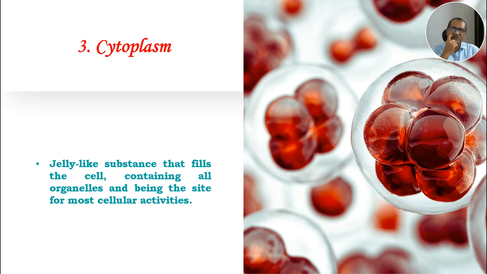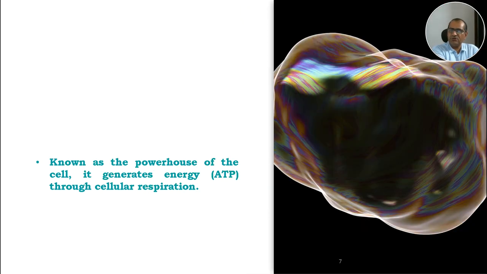Then the cytoplasm of a cell is a jelly-like substance that fills the cell containing all organelles and being the site for most cellular activities. So cytoplasm is just like the intracellular content of a cell in which so many substances are floating.